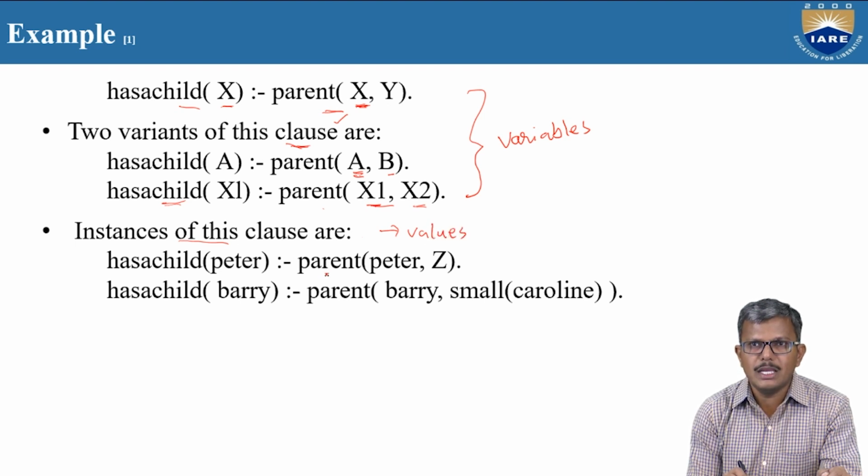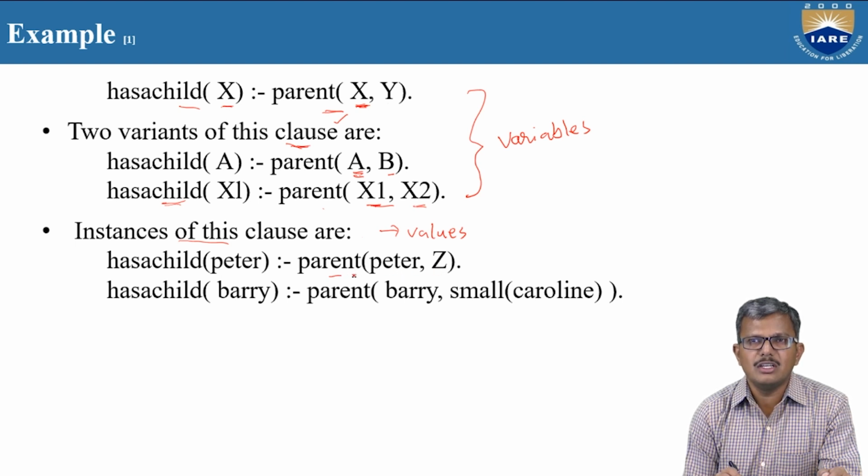Try to observe: parent Peter comma Z. Parent is the relation here, and Peter and Z are the two arguments. Peter is in the form of a value and Z is in the form of a variable, but still there is no change in the meaning. Peter is the parent of Z, but who is Z here?